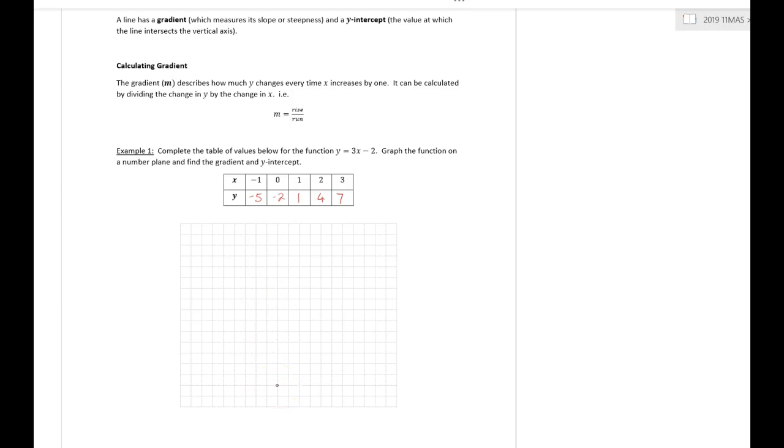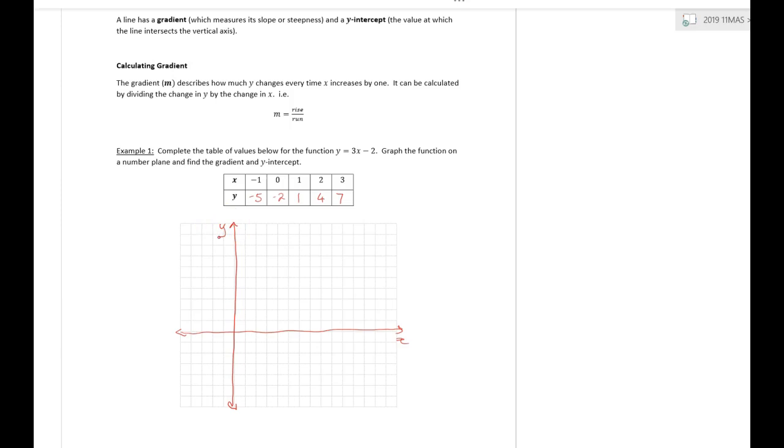I'm going to draw my x and y axis, in this case, at a different scale to each other. It's going to be a consistent scale along the axis, but my two axes are going to have a different scale to each other. I'm going to draw it like this. This is my x-axis and this is my y-axis.